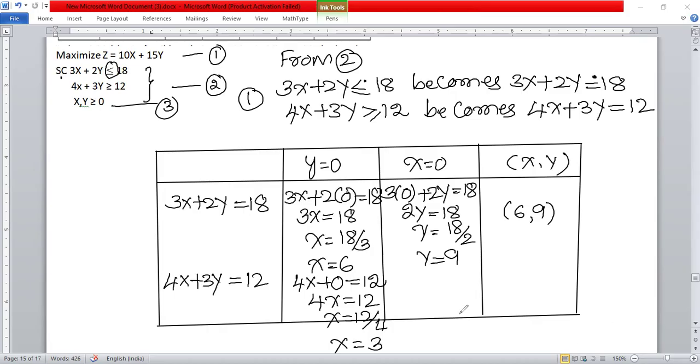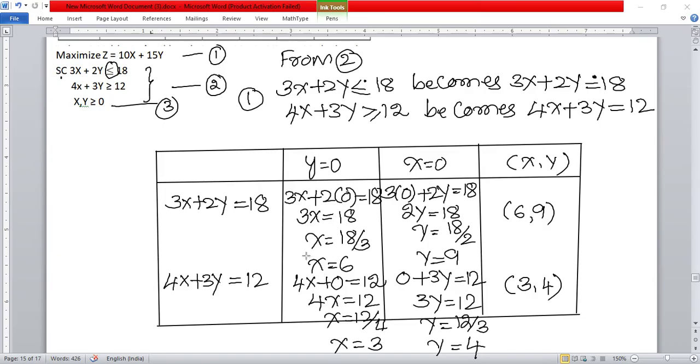Similarly, put x equal to 0. 0 plus 3y is equal to 12, so 3y is equal to 12, so y is equal to 12 by 3, so y is equal to 4.